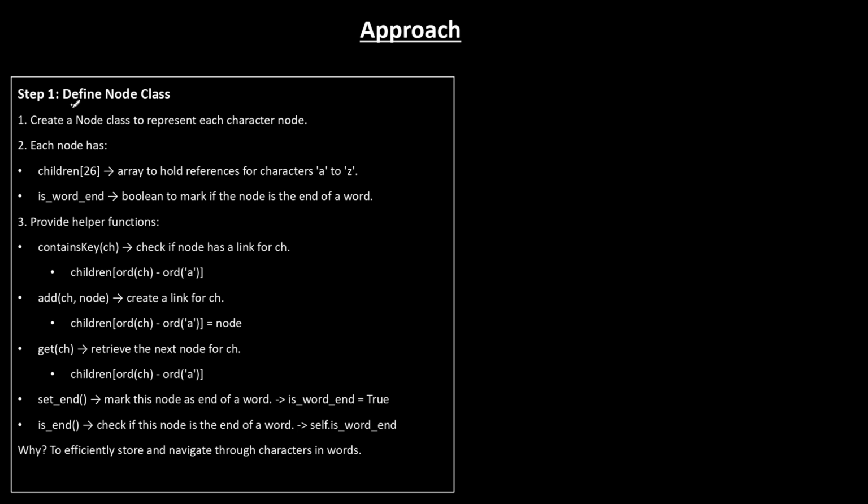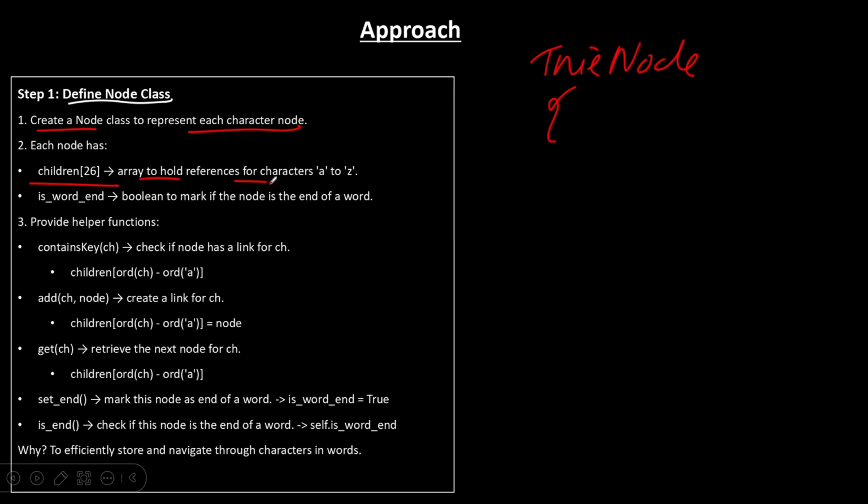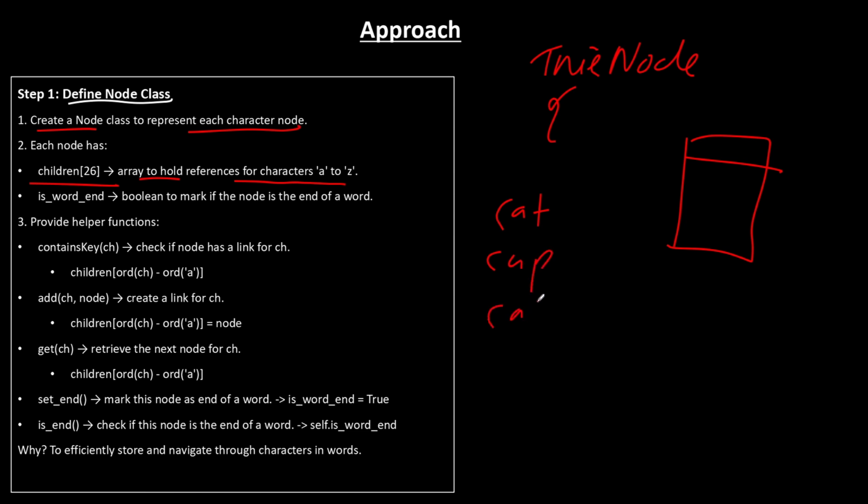Let's start by defining the node class, the most important class you could say. We create a node class to represent each character node. Node class means trie node, the one we were creating each time, right? We'll create a children array of size 26 to hold the references of A to Z. If you remember, each time we were creating a reference, suppose it was cat, cap, ca, or any other word, let's say cad.